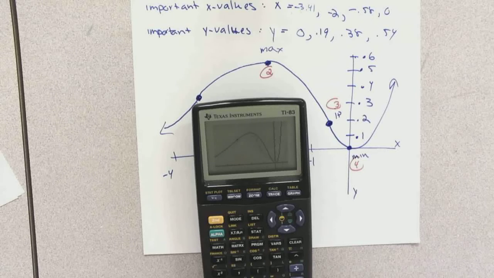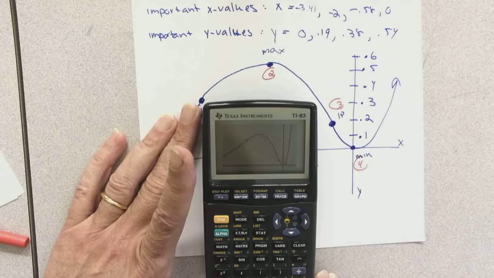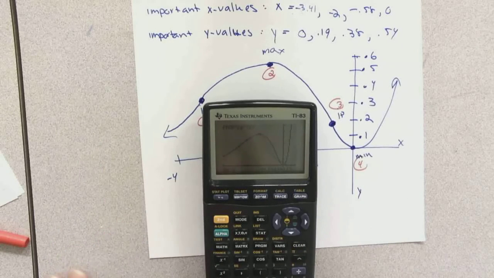And if you really want to check the nitpicking details, do a trace. Trace, and we said that the local maximum was at -2, and so -2, enter, and it says -2.54, and that's what I said, and so it is right.